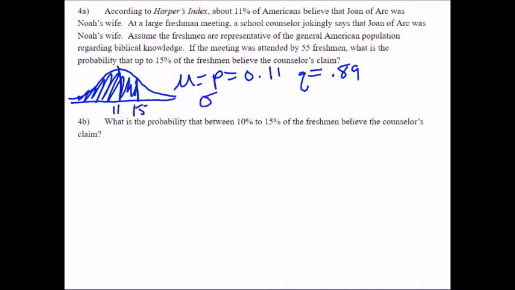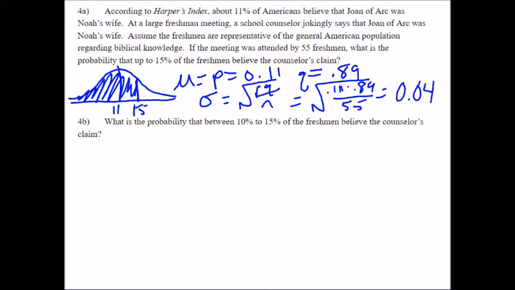The standard deviation we're going to use, though, is the square root of PQ divided by N. So in this case, it's going to be the square root of 0.11 times 0.89 divided by 55. That gives us a standard deviation of about 0.04.